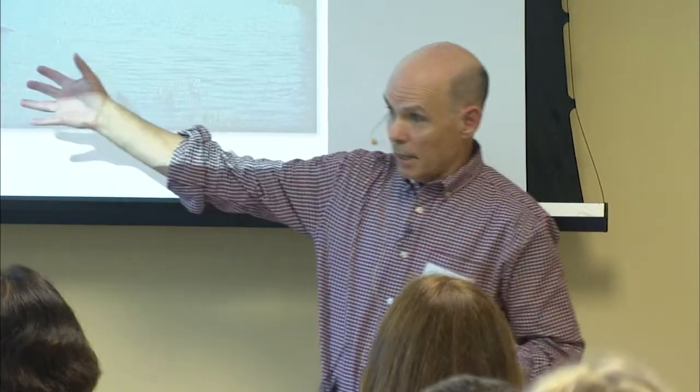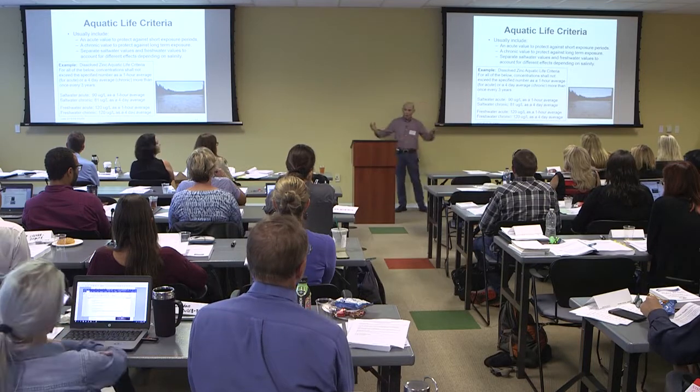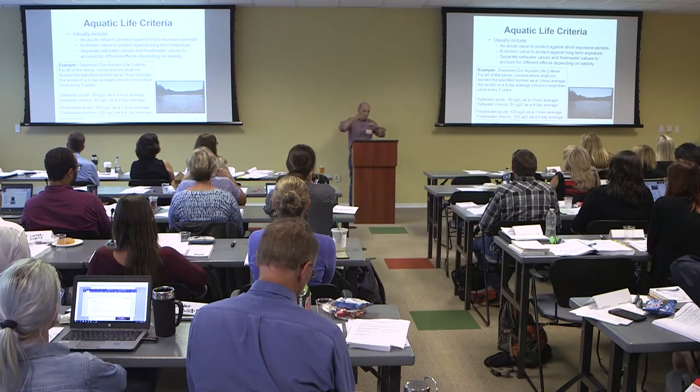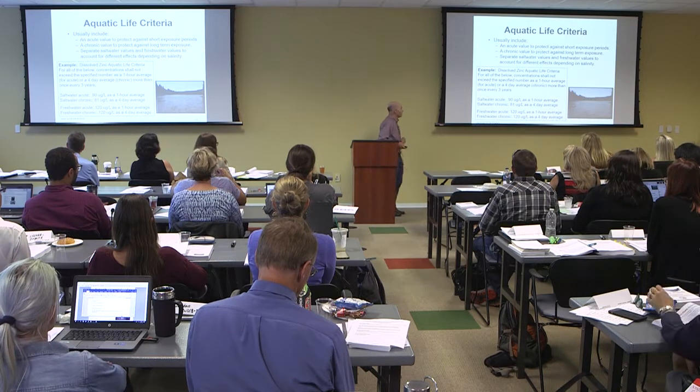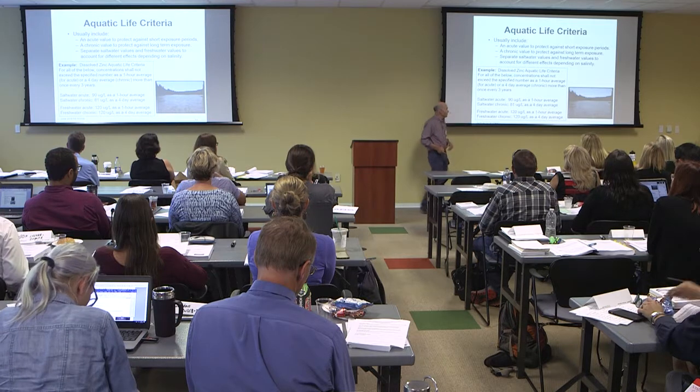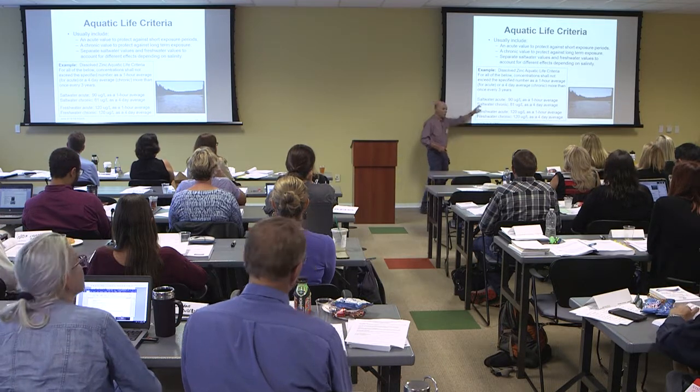In a permit situation, an acute criterion might have a shorter period, and a chronic might have a longer period. You might have different values. But no, you don't have to have 4 days of data to come up with a saltwater chronic.